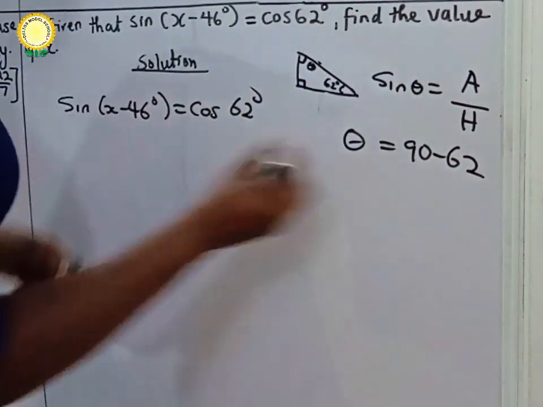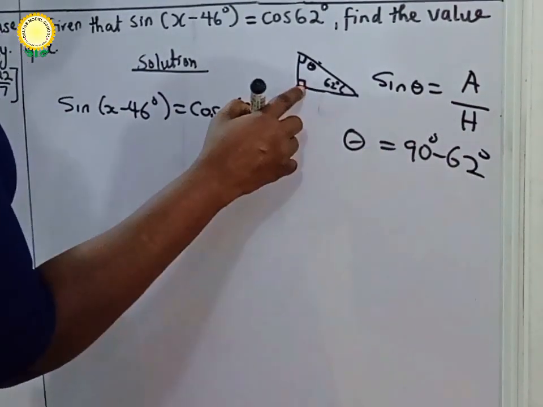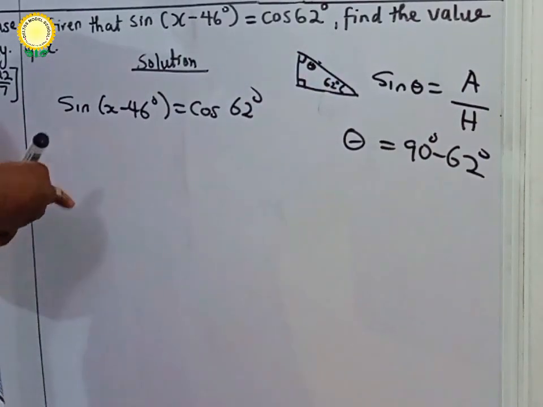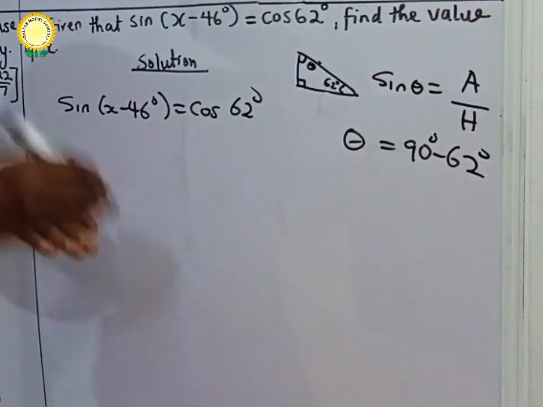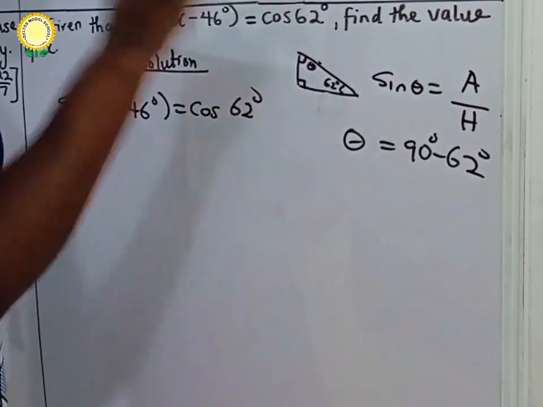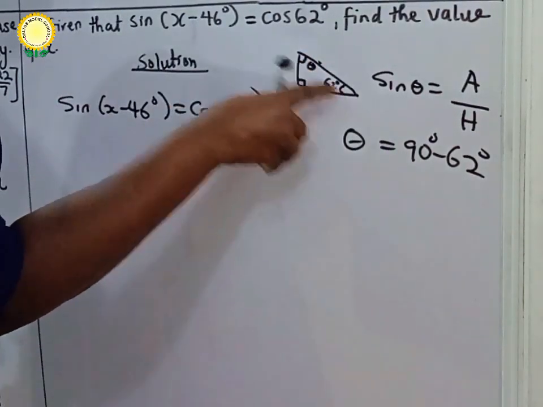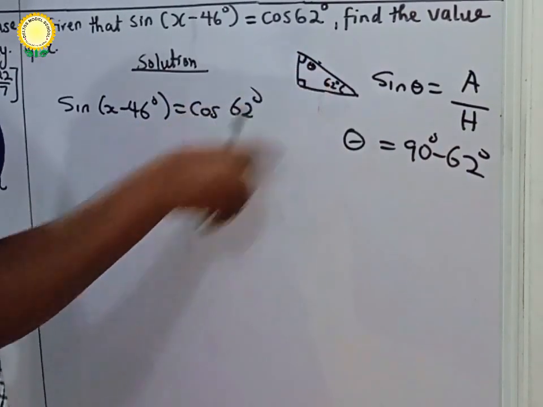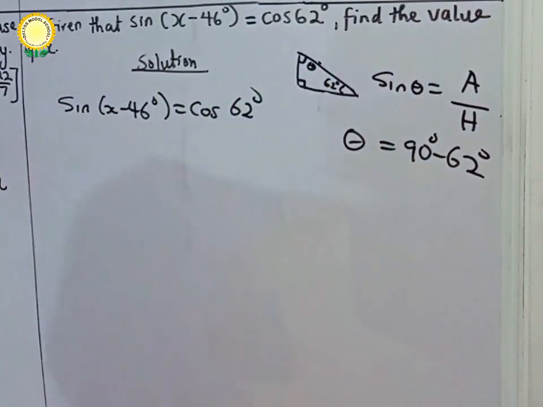How is theta equal to 90 minus 62? Because this is 90, so this angle theta plus 62 should also be 90. Am I correct? Yes. All the angles in a triangle should be 180. So if this is 90, these two will add up to 90, so theta alone will be 90 minus 62.